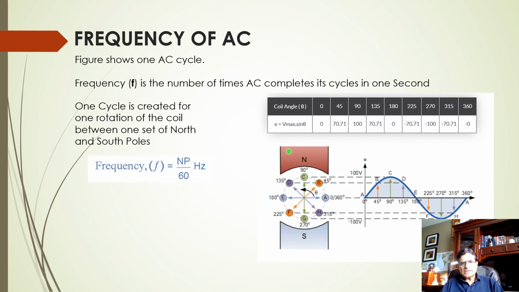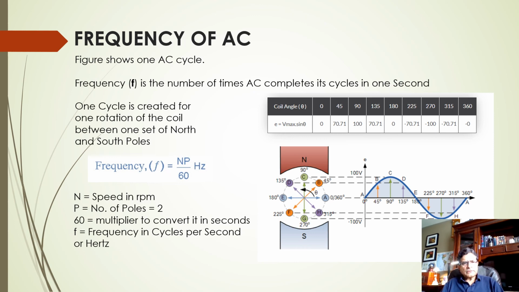N is the RPM, the speed. P is the poles. In this case, there are 2. If there were 4 poles, there might be another north and south here, so P will become 4 or 8. So speed times number of poles divided by 60 will give you so many hertz or so many cycles per second.